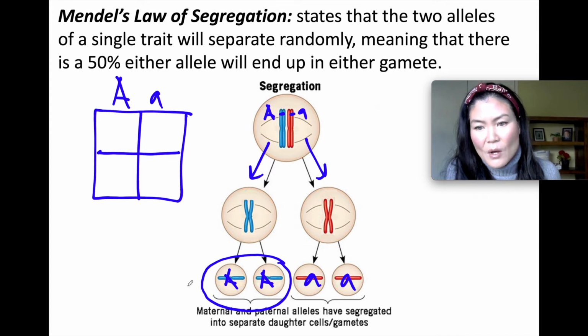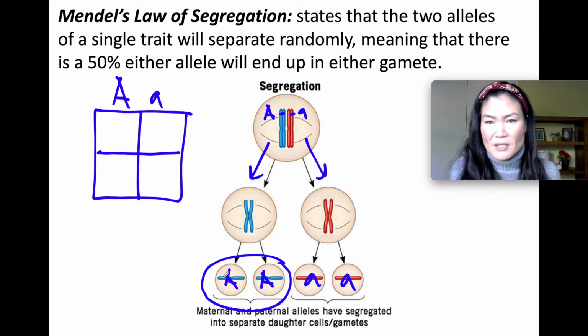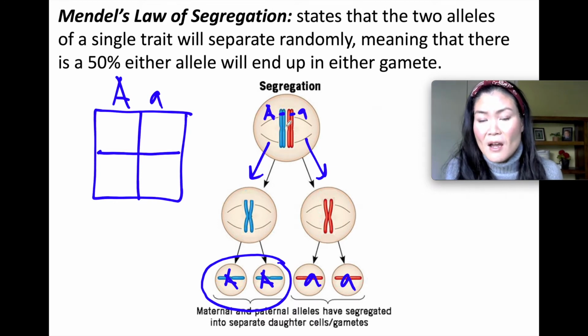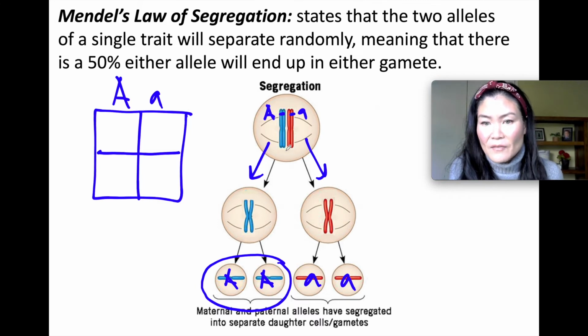What does this look like? This is meiosis, right? Remember in metaphase 1 of meiosis, the homologous pairs from the parents line up at the metaphase plate. And then in anaphase and telophase 1 and cytokinesis 1, the homologous pairs separate. And then in meiosis 2, the sister chromatids separate.